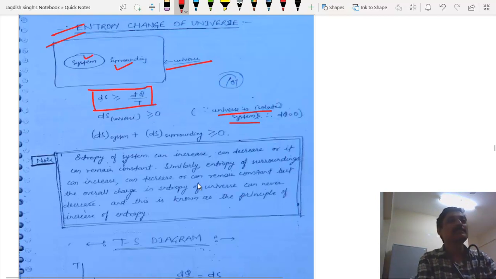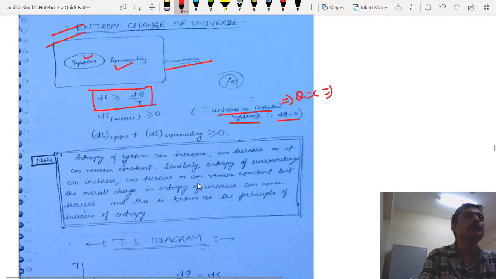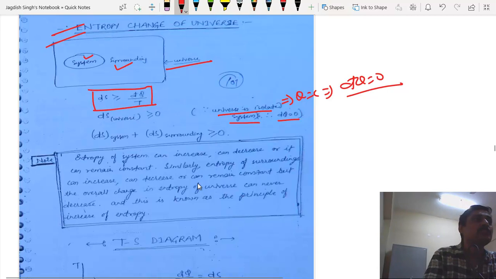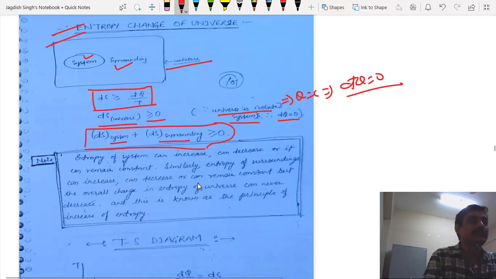So for an isolated system, Q will be constant, and this implies dQ will be 0. So dS universe is greater than or equal to 0 because dQ is 0. We know that the universe consists of system and surrounding. Therefore, this equation becomes dS system plus dS surrounding greater than or equal to 0, right?